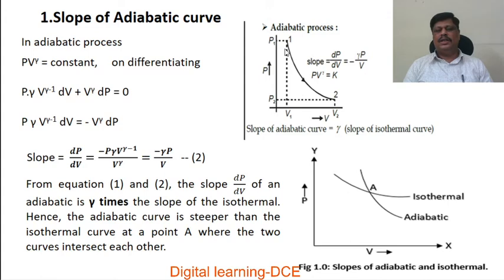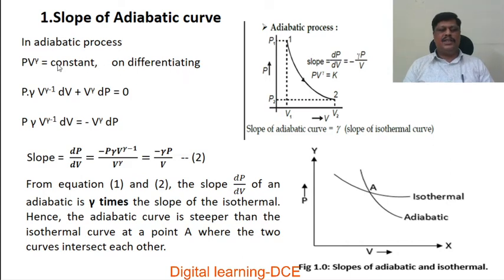Once again, the slope of the adiabatic curve is given by dP over dV. So, the ratio of change in pressure to the change in volume gives the slope of the adiabatic curve. We also know that the equation for the adiabatic process is PV to the power of gamma is equal to constant.